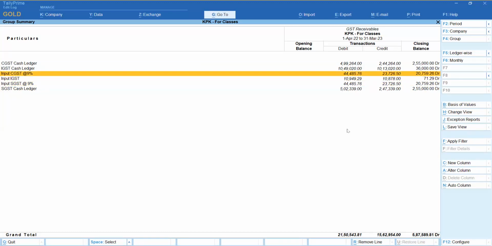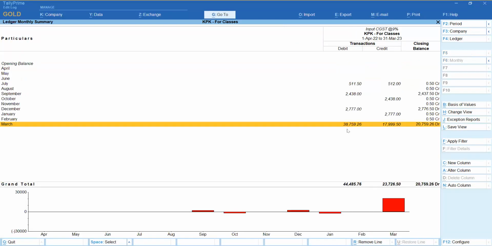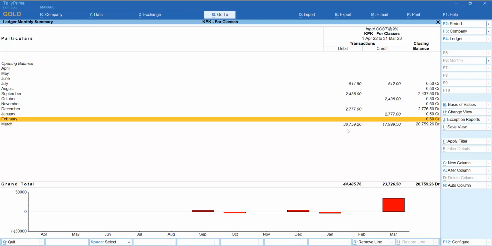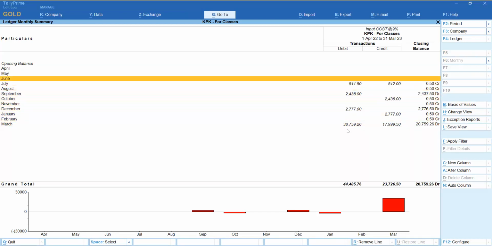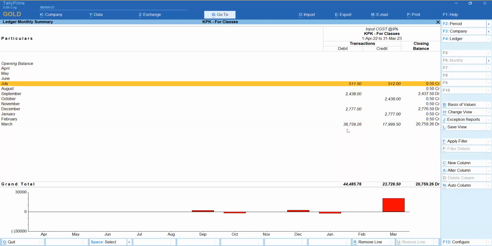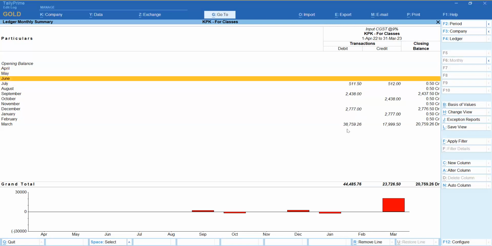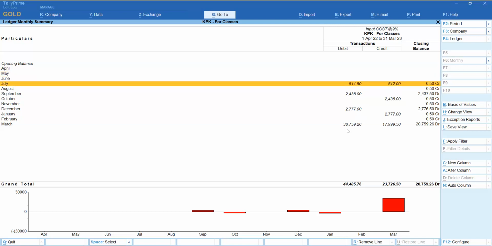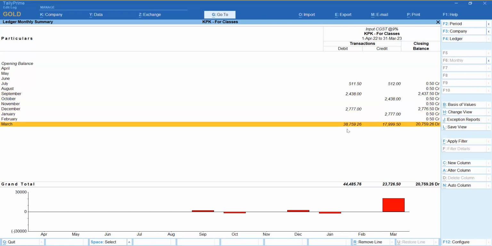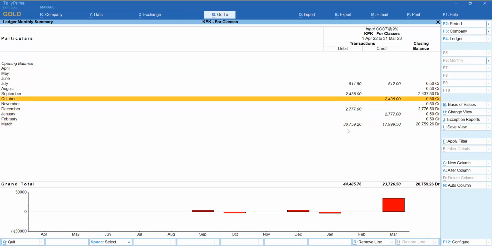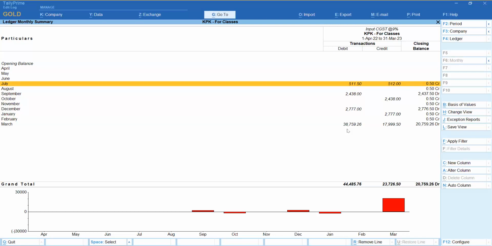Here is how I made the entries. You are well versed, I think you would know how to use Tally. I am going into one ledger, input CGST. Here I have a few entries where input is taken. These are very simple transactions.